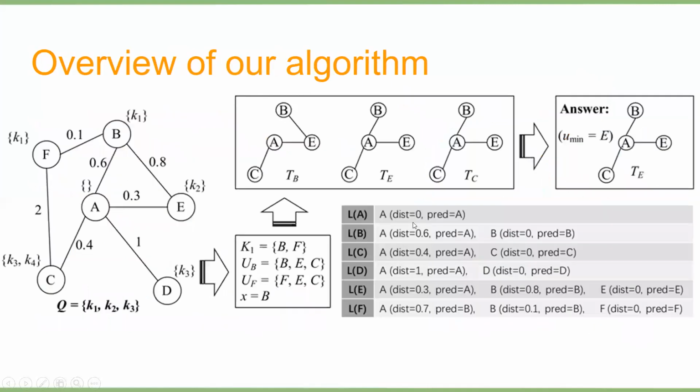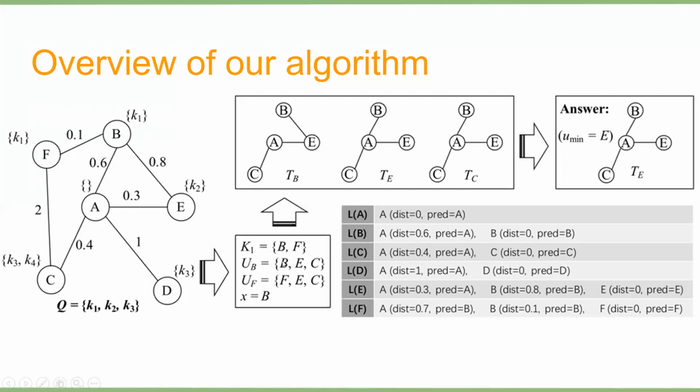Now let's look at an overview of our algorithm. The algorithm consists of three steps. In the first step, we enumerate all the nodes in K1, B and F. Then for each node, we find the nearest vertices in each keyword set. So for B, we want to find the nearest neighbors in K2 and K3. F is the same.